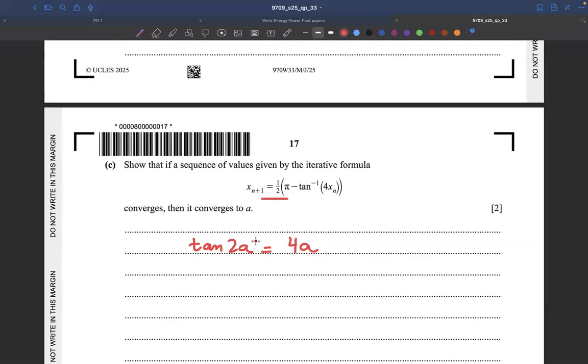So we'll try and rearrange our equation in this form. Now, let's not get confused with this term over here, because we can simply write it as 2a is equal to tan inverse of 4a, or 4x.